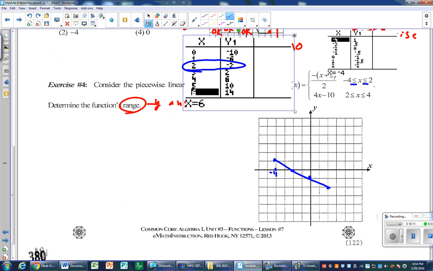Fortunately, at 2, it still has -2. Up to 4, goes up to 6.